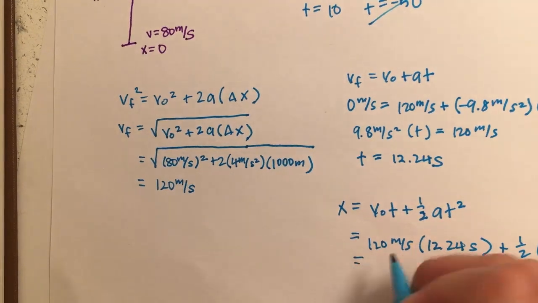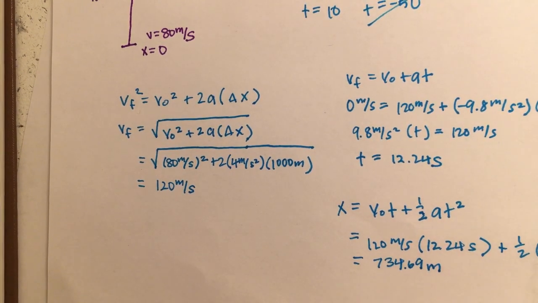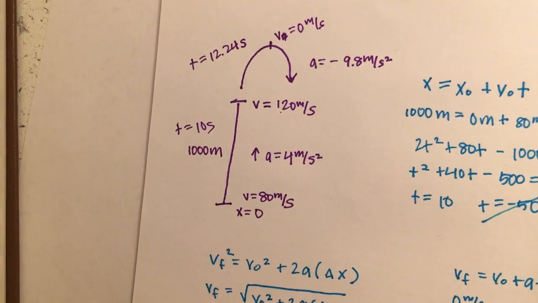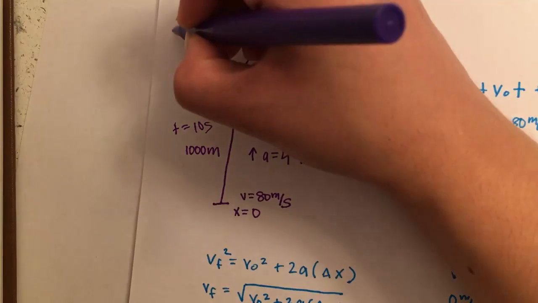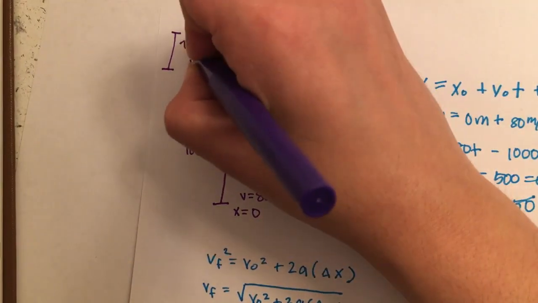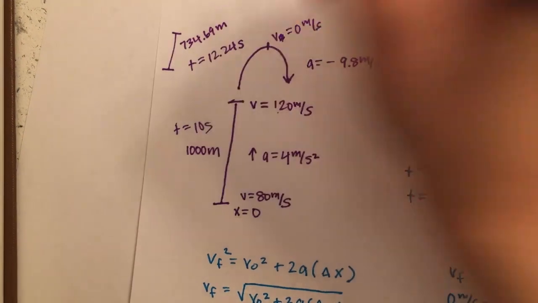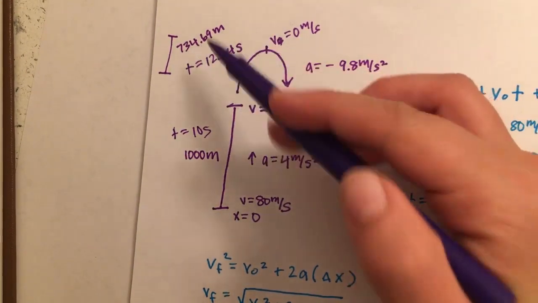Calculate that all out, and you will get 734.69 meters. So here up in the diagram, you can see that this distance here is 734.69 meters. So if you add that together, you'll get that that is 1,734.69 meters there.